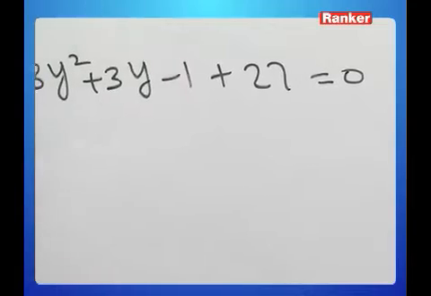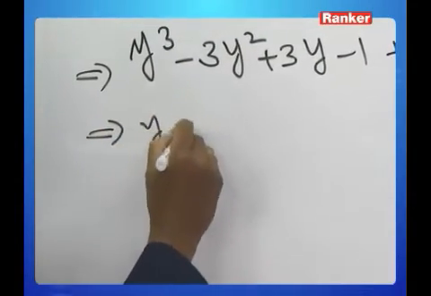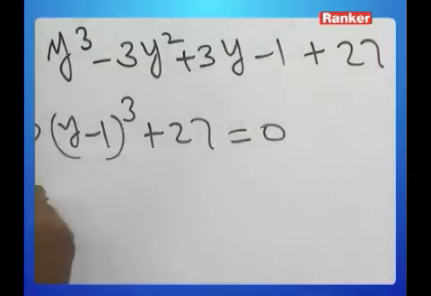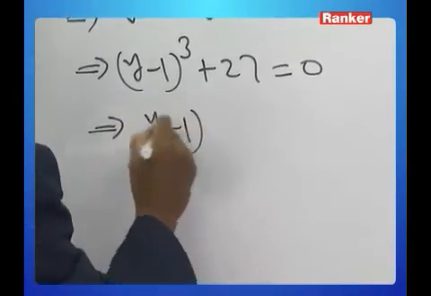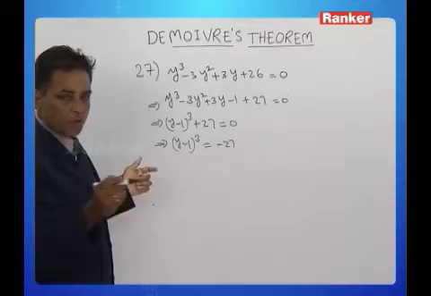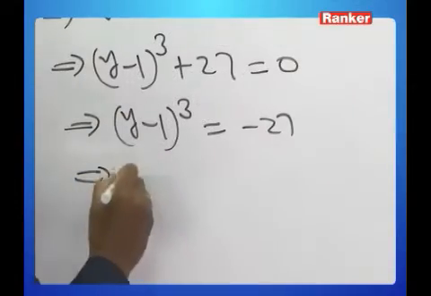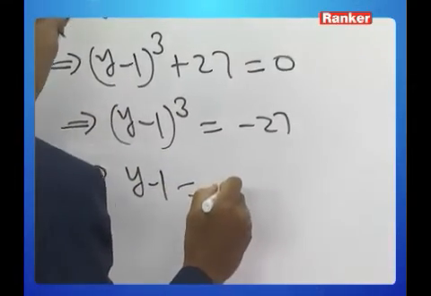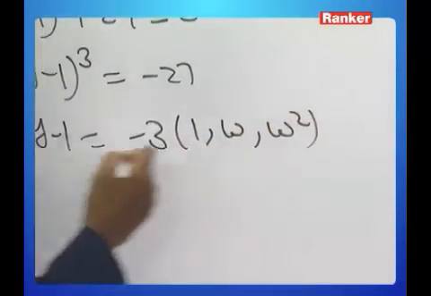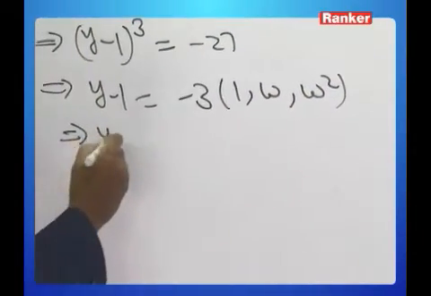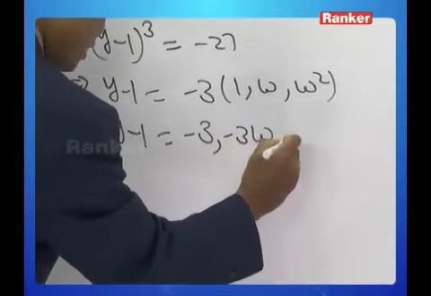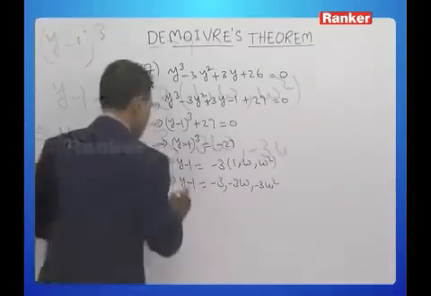This is nothing but y minus 1 the whole cube plus 27 equals 0. So y minus 1 whole cube is minus 27. Take cube root on both sides. Y minus 1 is equal to minus 3 into 1, omega, omega square: minus 3, minus 3 omega, minus 3 omega square.